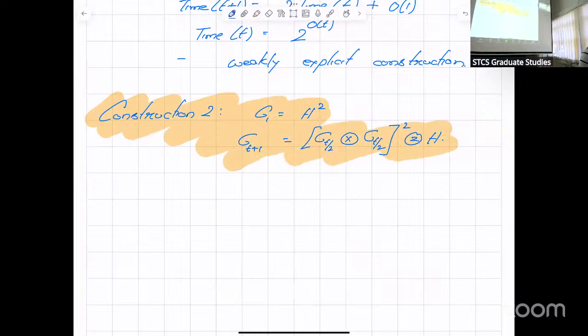The claim I'm going to make: what's the size of this graph?